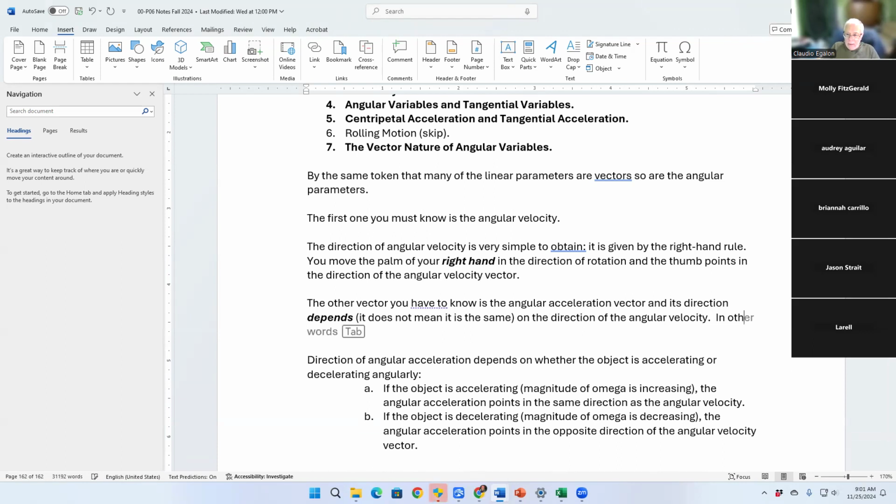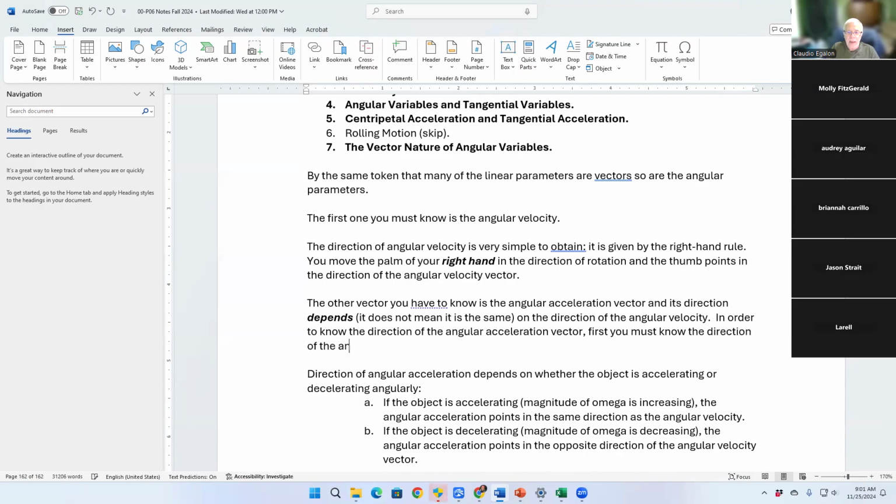In order to know the direction of the angular acceleration vector, first you must know the direction of the angular velocity vector. Okay?